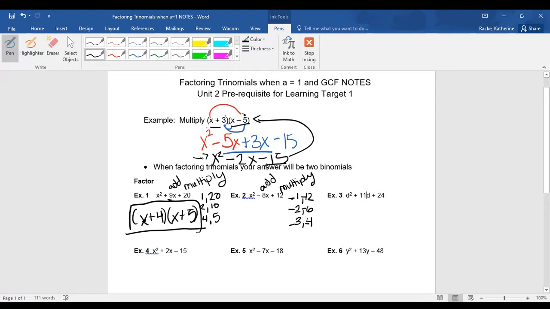Negative 1 minus 12 gives us a negative 13. Negative 2 minus 6 gives us a negative 8. So that one will work. Write it as two binomials, x minus 2 and x minus 6. That wasn't very good.